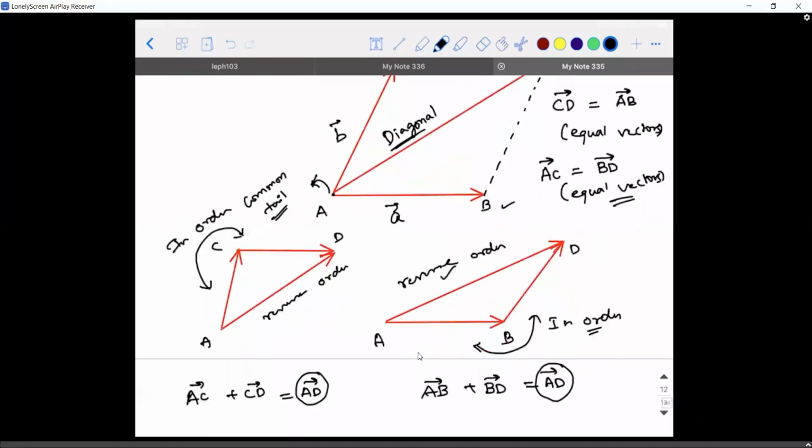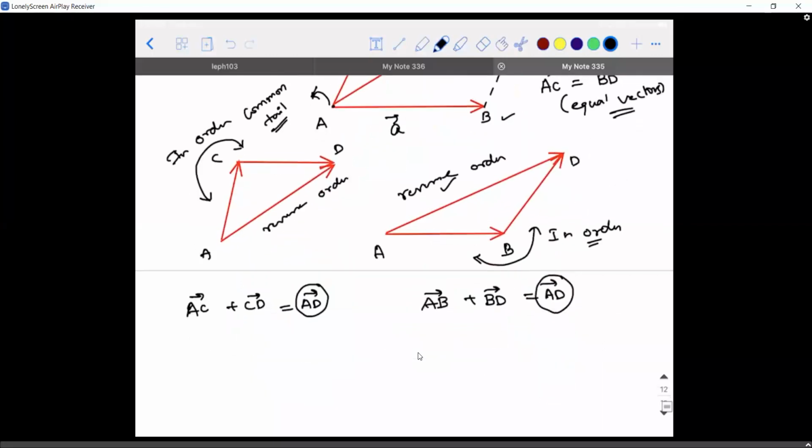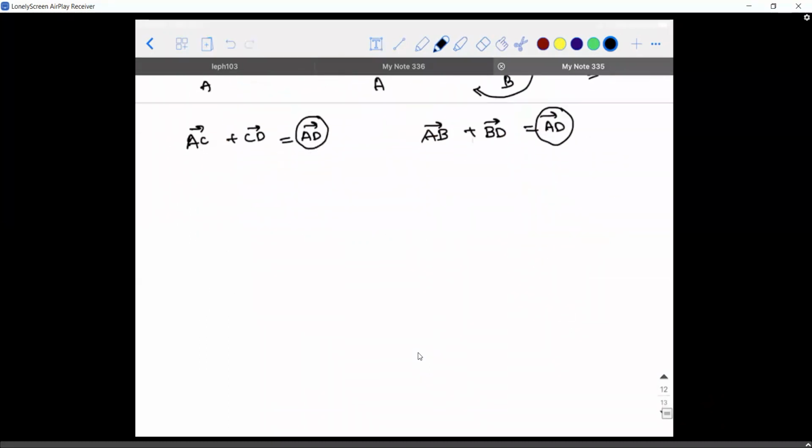Now, what we are going to do with this is, you can ask me, sir, we have seen two laws. The important question here is, is there any mathematical relation that is going to tell us, or where we can find out, what is going to be the length of that particular resultant? That's what we are going to do. Concentrate, guys.